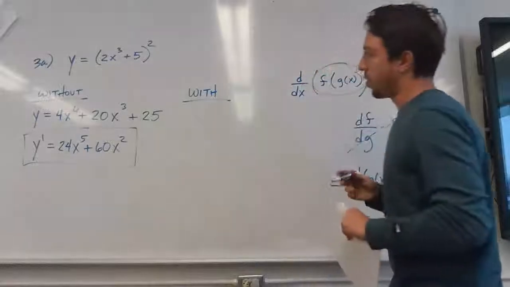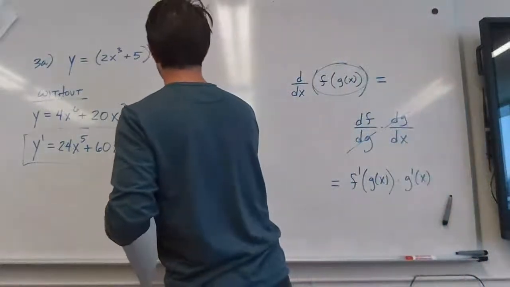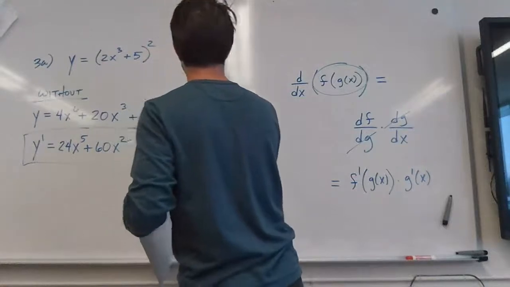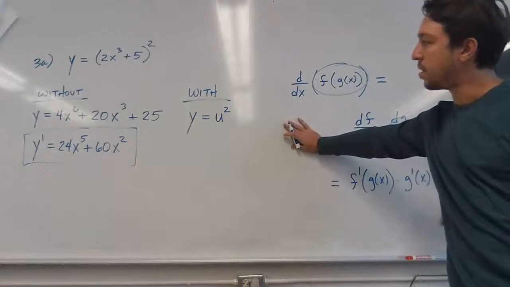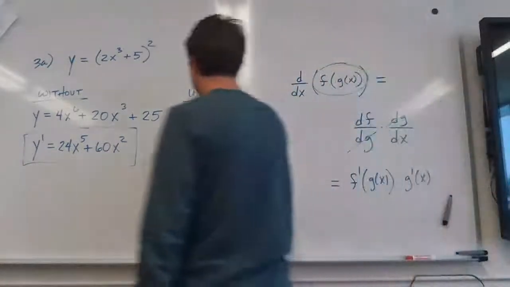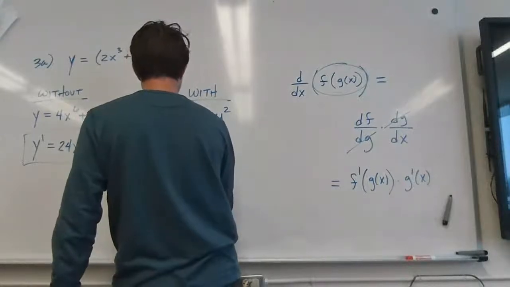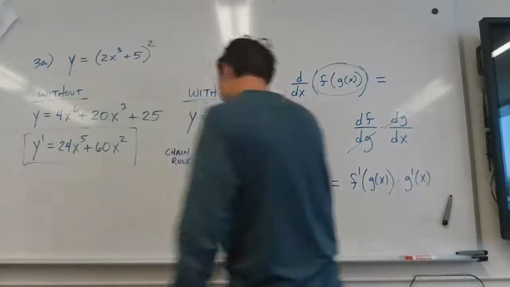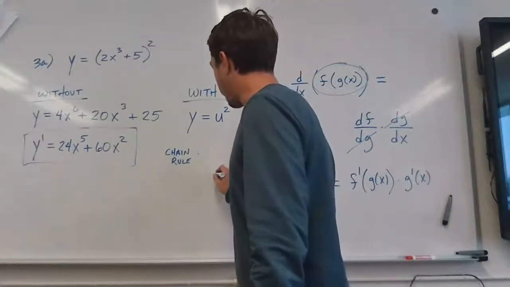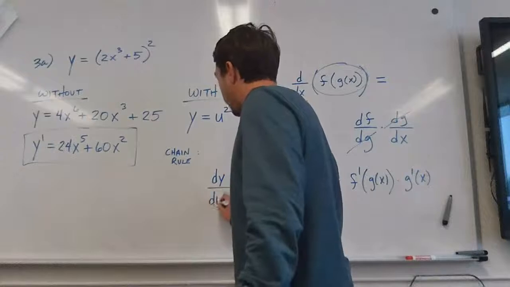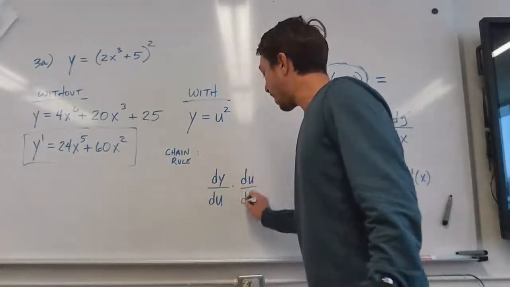To do it with the chain rule, all you've got to do is think of this as y equals u squared. So the derivative would be, here's the chain rule in action. What's happening here is we're taking dy over du, treating u like a variable, and then multiplying it by du over dx.